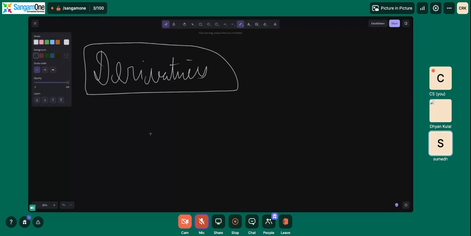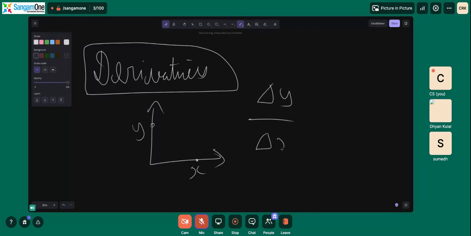If a graph is given, derivatives are used to check the rate of change of y with respect to x, basically delta y by delta x. How will y change with a small change in x? That is derivatives. I hope it is clear. Yes, it's clear.